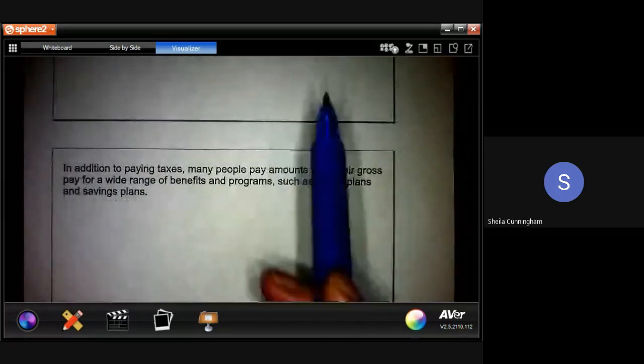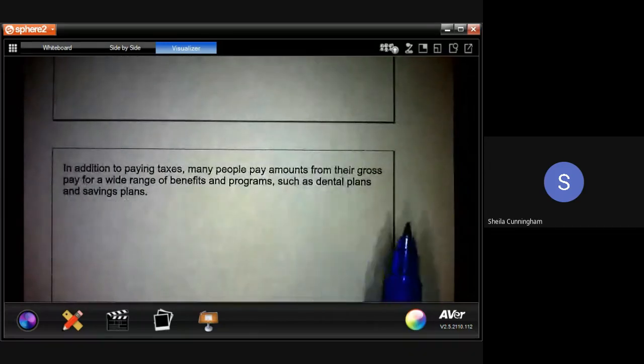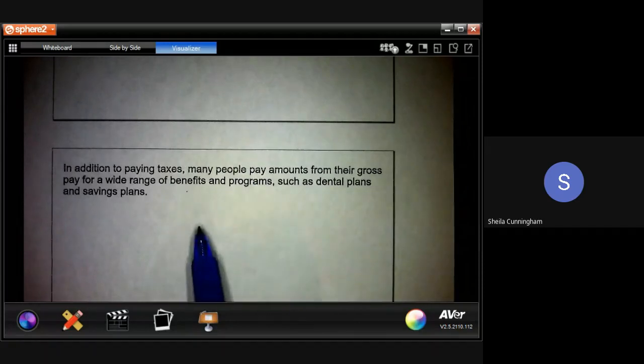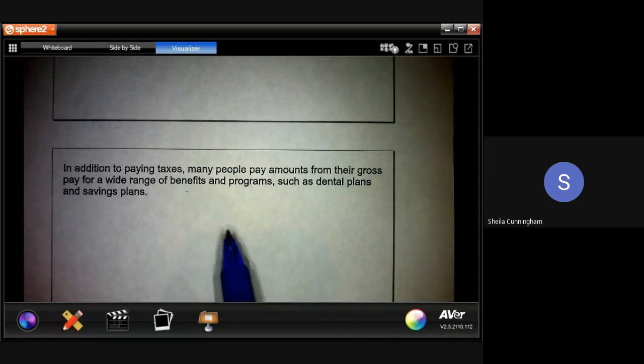So in addition to paying taxes, you're going to pay amounts from your gross pay for any other deductions that can come up. And this is the varying piece, depending on the job you have or the employer you're working for. So there might be certain benefits. I talked about how some people have to pay for staff parking.